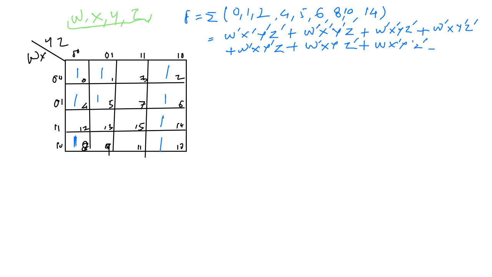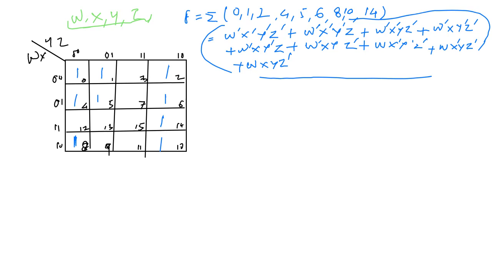Sorry, it is not 10, it is 8. 10 will be w x dash y z dash. What we are left with last is 14, and 14 is 1 1 1 0, w x y z dash. So your function is this one.